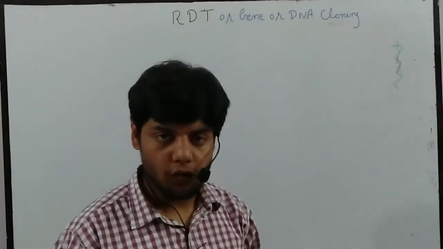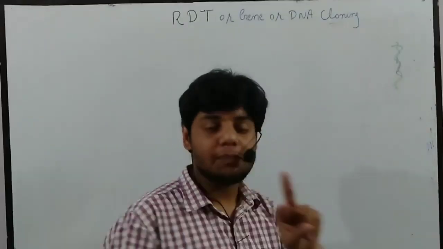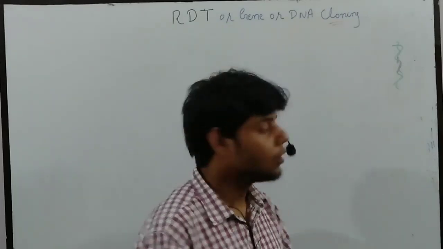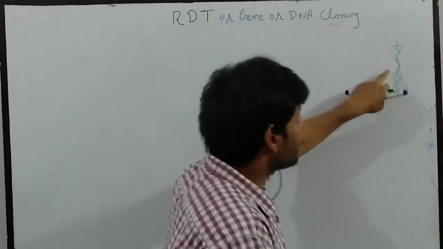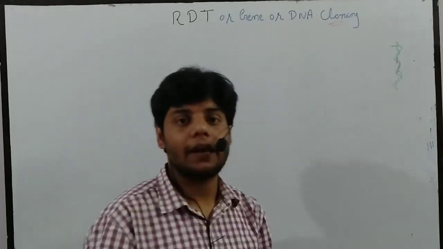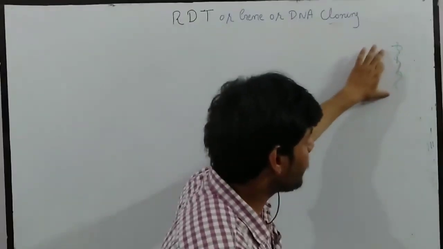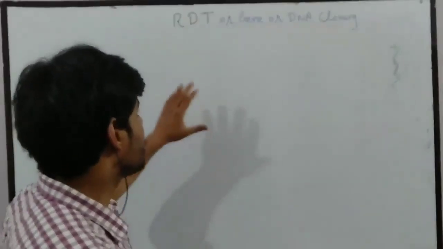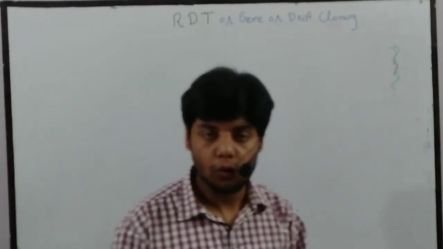DNA is the hereditary material that can store the genetic information, and genes are the specific areas of the DNA which have the ability to produce the protein or the product. So these are the genes. Now when we produce the same copy of the genes again and again, we call that gene cloning. And when we produce the same copy of the DNA again and again, we call that DNA cloning. So that's a little bit of introduction to recombinant DNA, gene cloning, or DNA cloning.